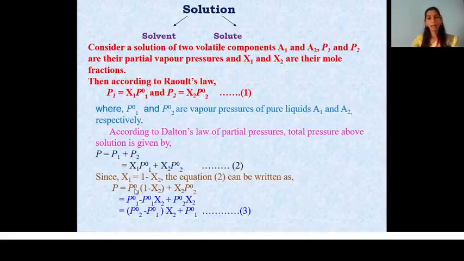Multiplying P naught 1 into the bracket, we get P naught 1 minus P naught 1 x2 plus P naught 2 x2. Taking x2 common, we get P naught 2 minus P naught 1 into x2 plus P naught 1. This is the equation for Raoult's law.